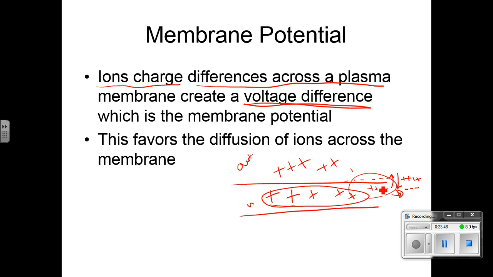So when we say it has a voltage difference, it may not even be that there's a lot of things that are negative out here. It might just be that there's less positive than there is here. I'm trying to think of how to explain that to make it make sense. Just think of metal.